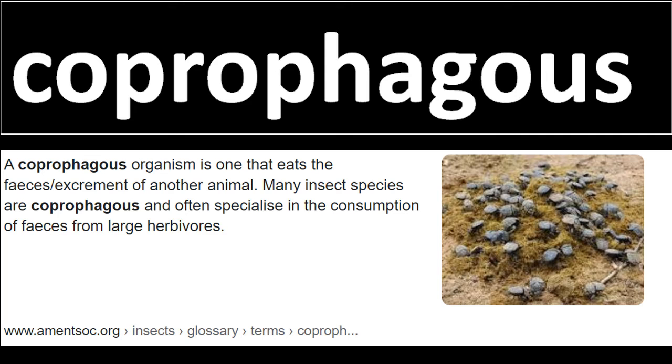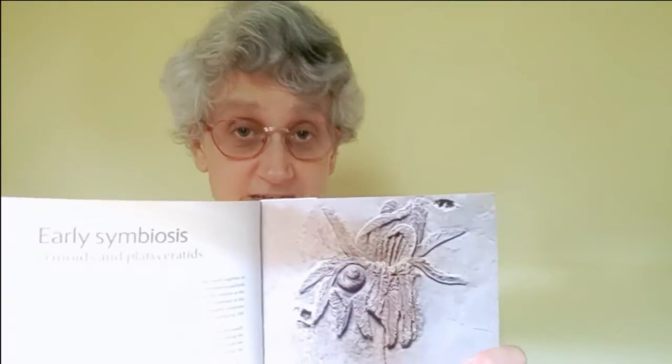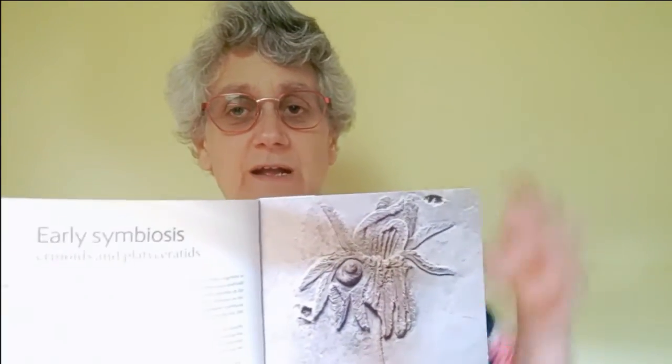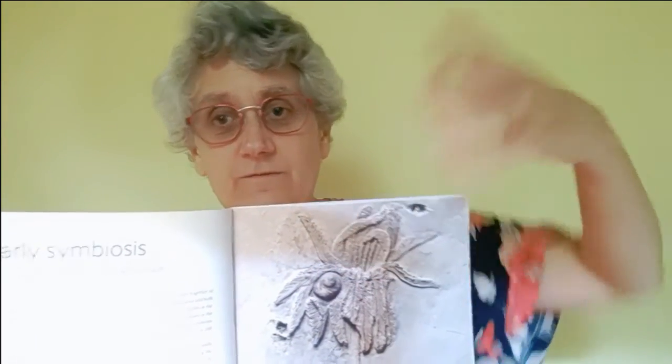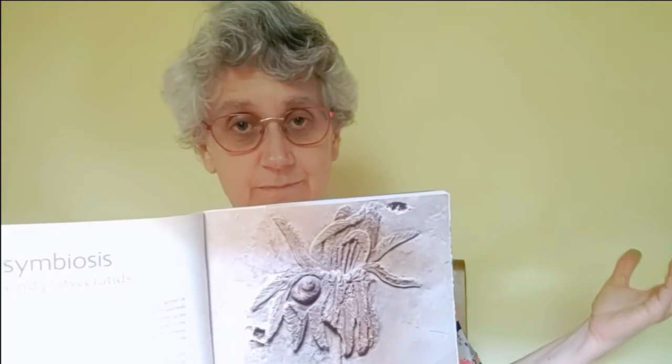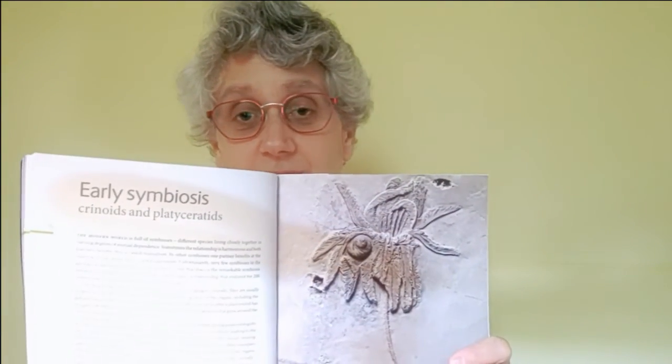As I was reading through this, I came across the word coprophagus. A coprophagus organism is one that eats the feces or excrement of another animal. And what they're saying is that on all these fossils that scientists have found in the fossil record, this little snail guy is near the vent, the butt of this organism, the sea lily, the crinoid.